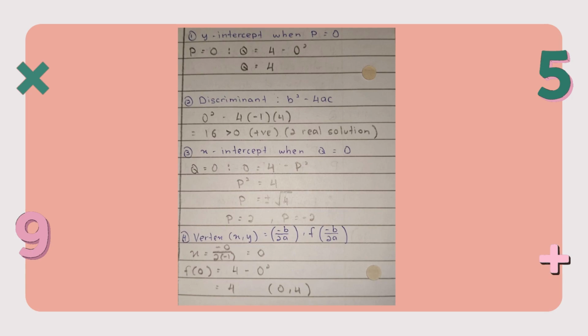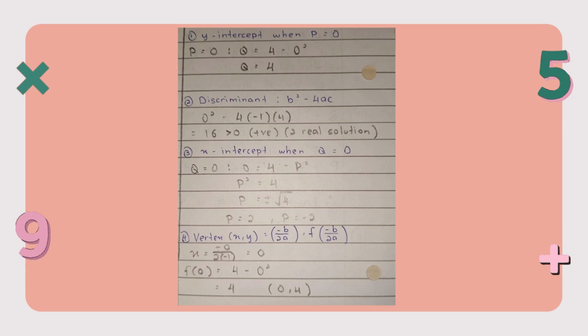We should know that when the discriminant is positive, there will be two real solutions for x. When the discriminant is 0, there will be one real solution for x, and when it is negative, there will be no real solution. According to this question, 16 is positive, so there will be two real solutions.